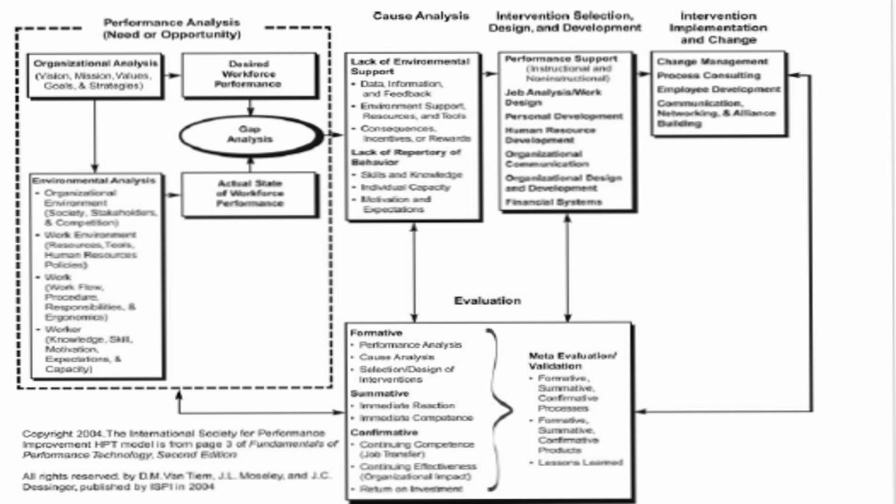The intervention again represents the solution selected for the specific problem identified. Implementation results in the actual application of the solution to the environment. And as illustrated in this model, evaluation takes place throughout the process in an iterative fashion, such as is seen in the ADDIE model.